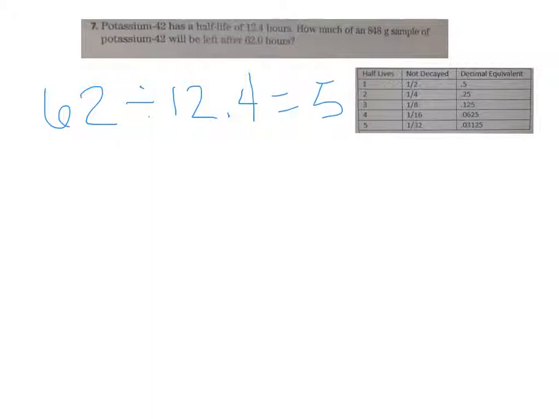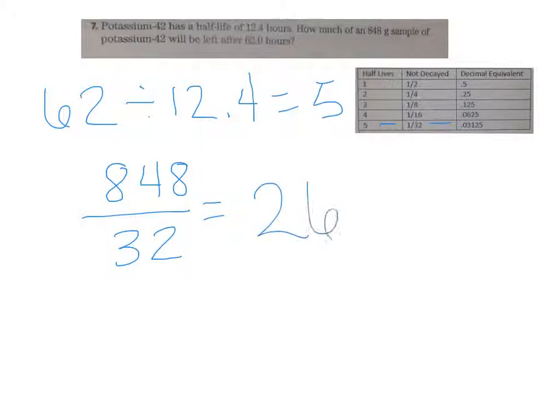So if 5 half-lives have occurred, what fraction of the original sample would you expect to remain? 1/32, right? So the easy way to do this, 848 divided by 32. That's going to give you 26.5 grams.